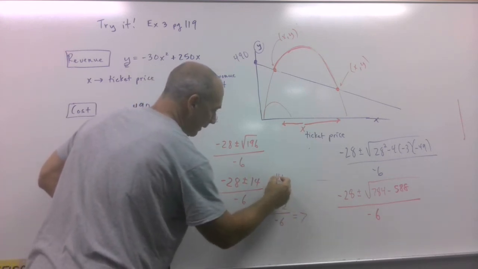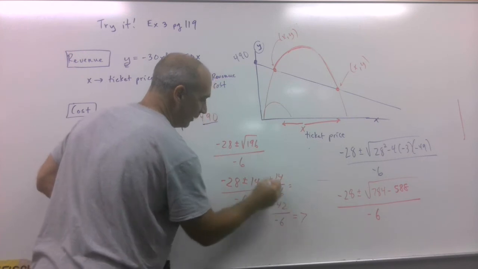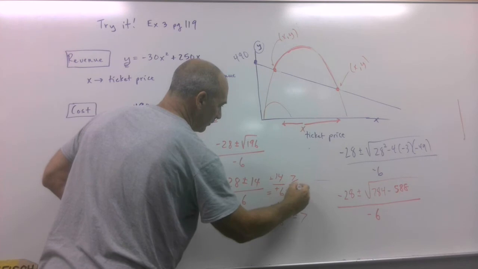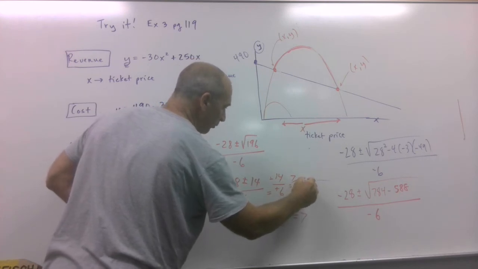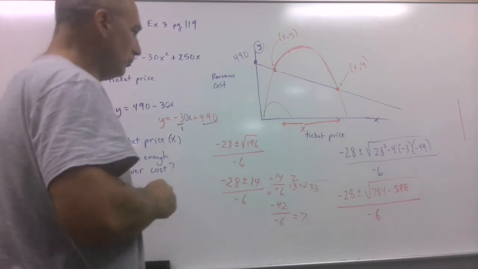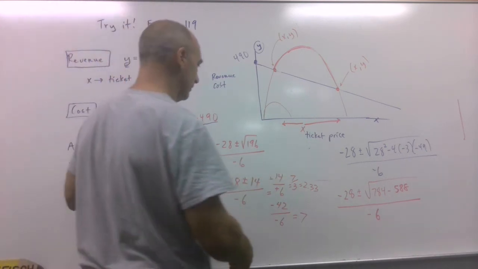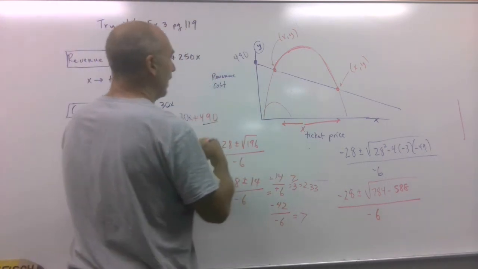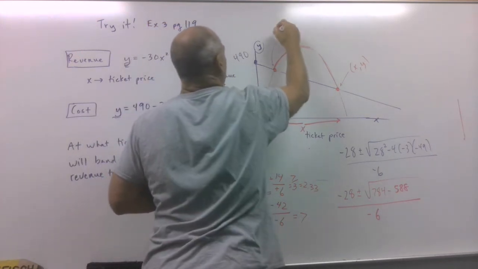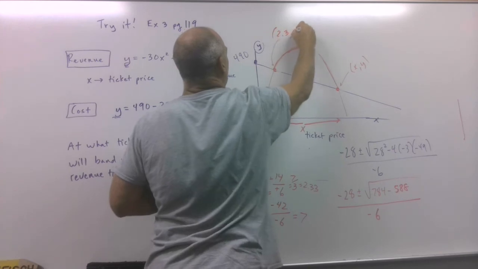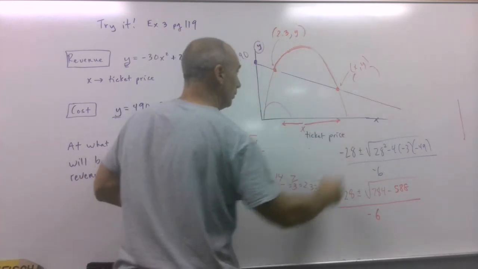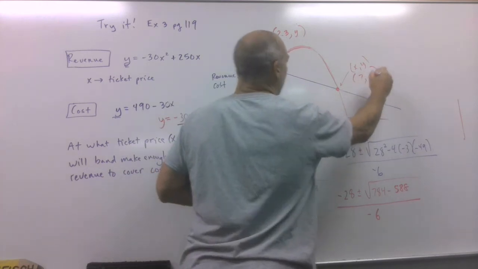This one, I'm going to take those negatives out, because a negative divided by a negative is positive, reduce it to 7/3, which is about 2.3 or 2.33. And so, as you can see, my intersection point right here is 2.3 comma y. This one right here would be 7 comma y.